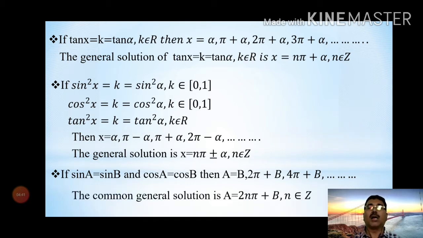Therefore, the common general solution for satisfying both the equations is A is equal to 2n pi plus B, where n belongs to Z.